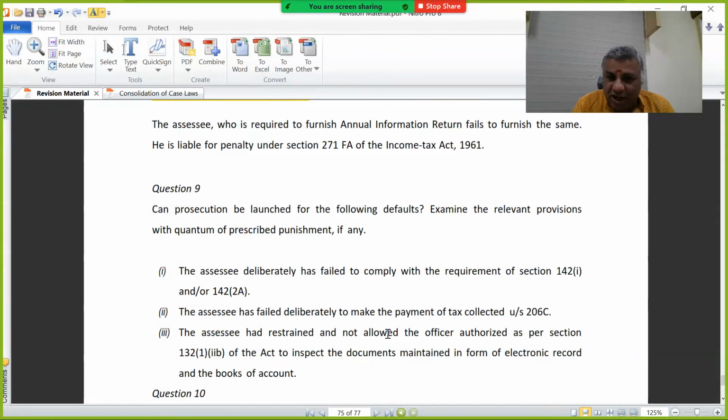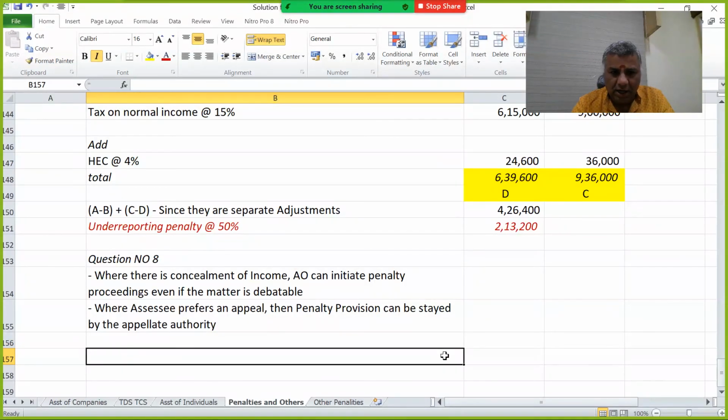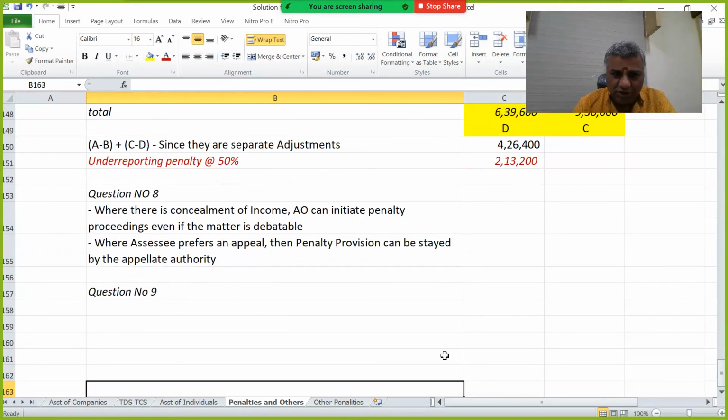The assessee has restrained and not allowed the officer, as per the section, to inspect the books maintained. In a raid, they have not allowed the books. 1 year rigorous imprisonment. The first one and the third one, 1 year rigorous imprisonment. The second one alone, where you are holding government money which you are not supposed to hold, 3 years rigorous imprisonment. This is the only time they have asked the prosecution question. Otherwise, prosecution in our material, every time we get material, you have to staple it.